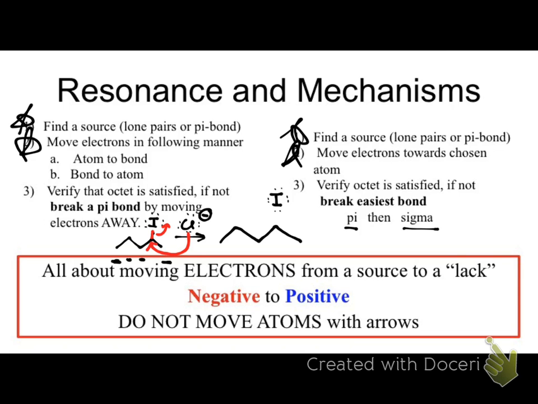The atom has not moved. It is in the exact same position. But what happened to the electrons between the carbon and the iodide? They're solely on the iodide. So I don't show the bond anymore. I'm not going to be able to draw this one without having moved it. What happened to the electrons from our chlorine?